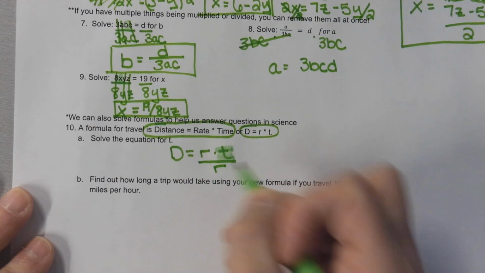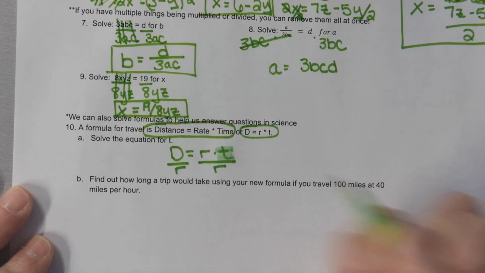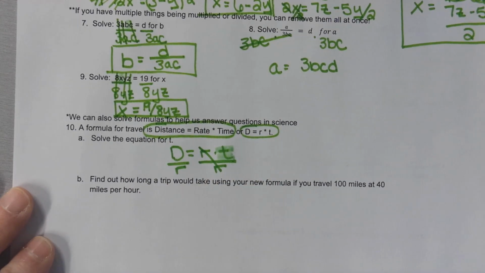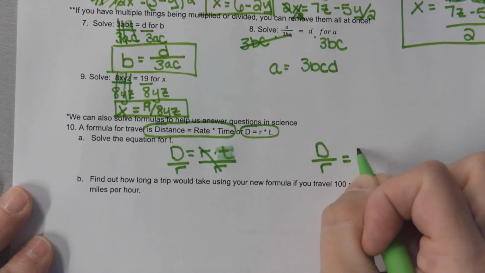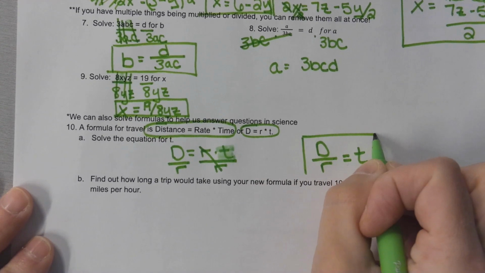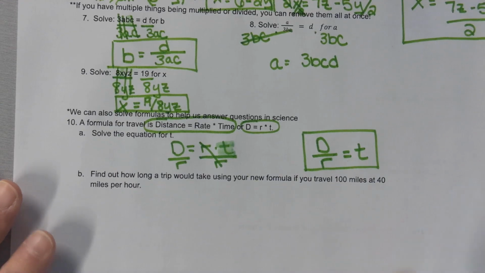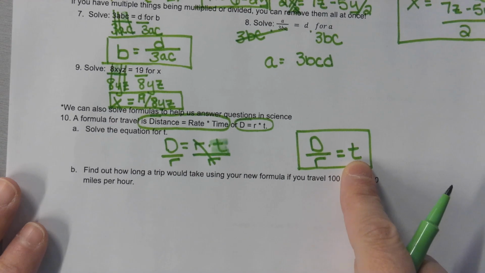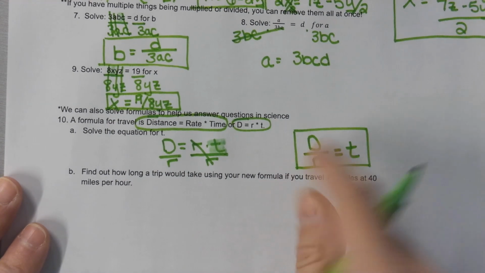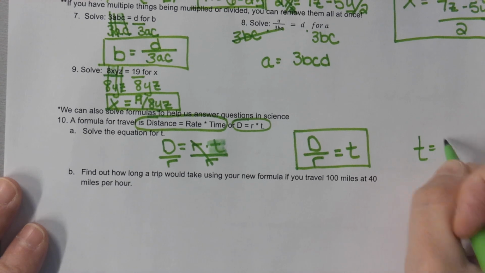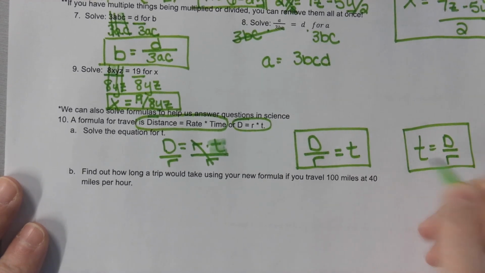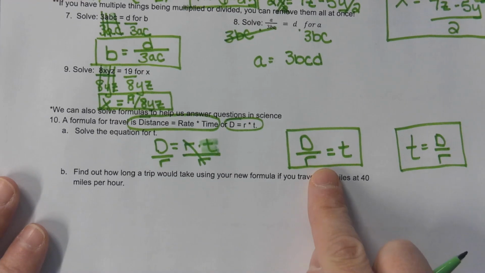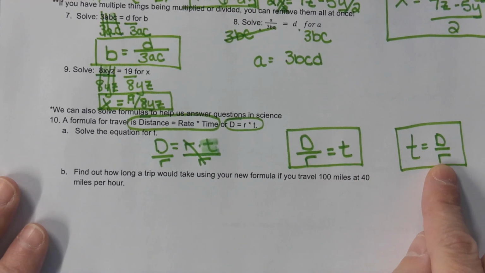So this is part A, we're going to divide away the R. So D over R equals T. That's my formula now. Notice that it's solved for T because T is alone. Could I also flip-flop it and say T equals D over R? Would this be okay too? Yeah, you can flip-flop them as well.